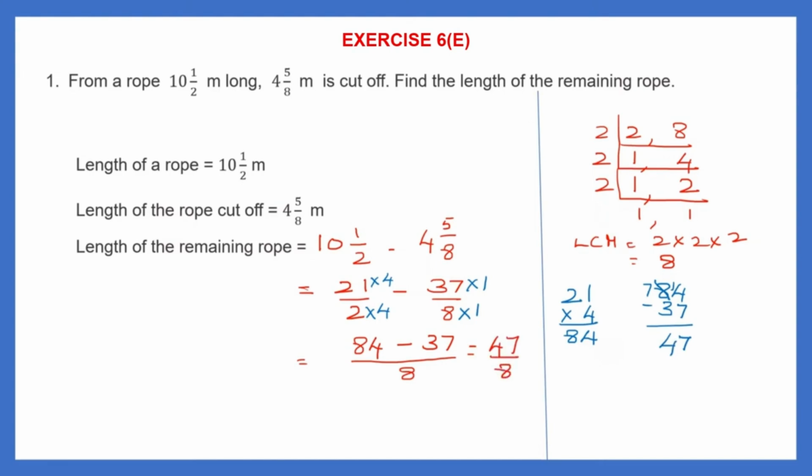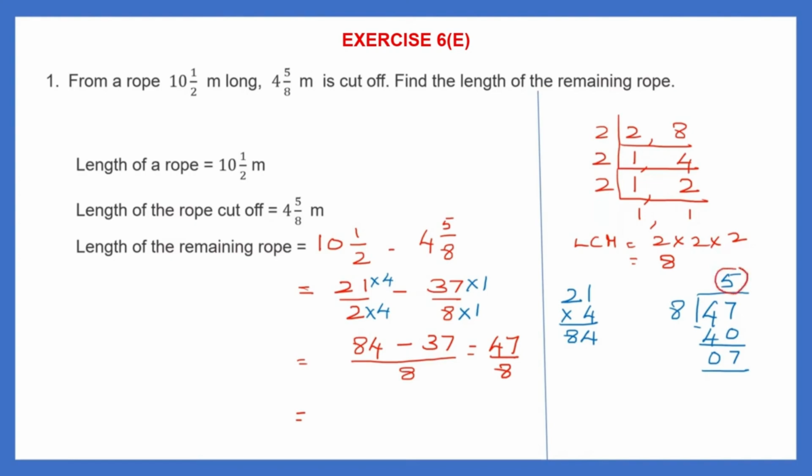Now this is an improper fraction. We need to convert it to a mixed number. Now how do we do it? We do it by dividing. So let's divide 47 by 8. We need to get a number close to 47. So 8 fives are 40. Subtract, 7, 0. So from this, let's make our mixed number.